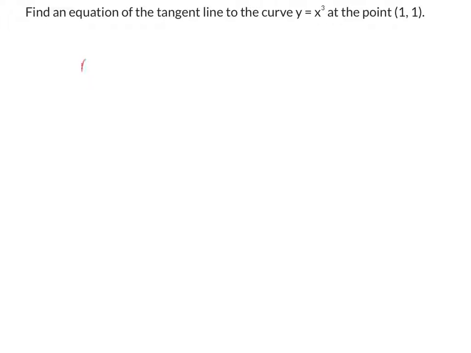So how do we find the slope? Well, we'll use that limit we just came up with. We're approaching the point 1, 1, so my x is approaching a value of 1 of f of x minus f of 1, over x minus 1.